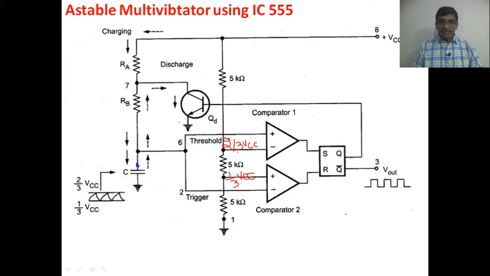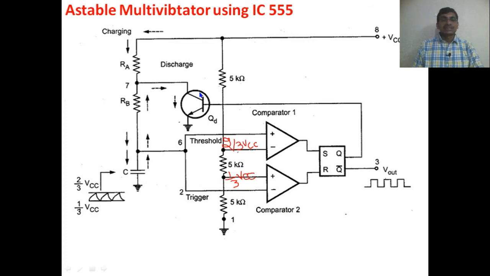So whenever the capacitor charged voltage is just greater than 2 by 3 VCC, the upper comparator will set, which means the upper comparator output is plus V saturation, and this plus V saturation will set the flip flop, and Q is equal to 1, Q bar is equal to 0. Output goes to logic 0, and this Q equal to 1 will switch on the transistor.